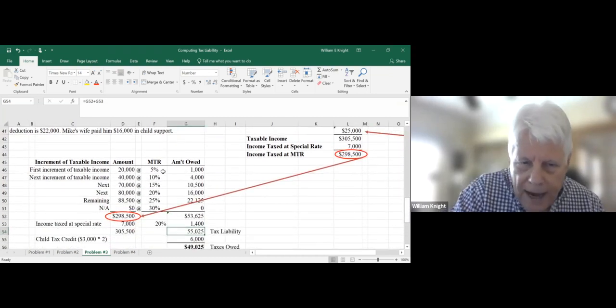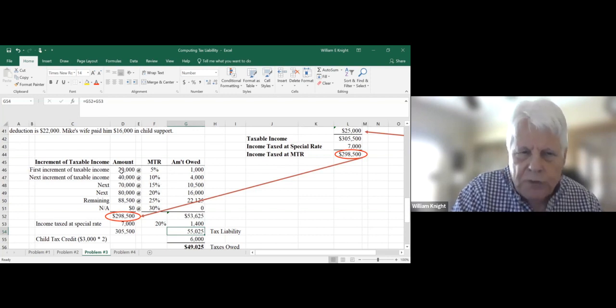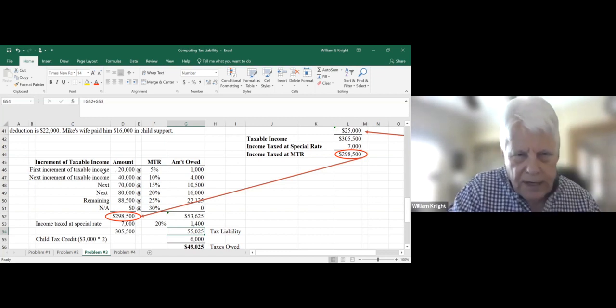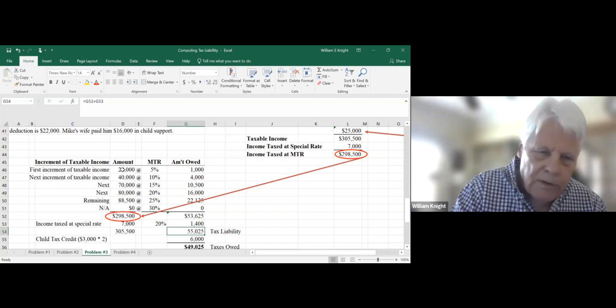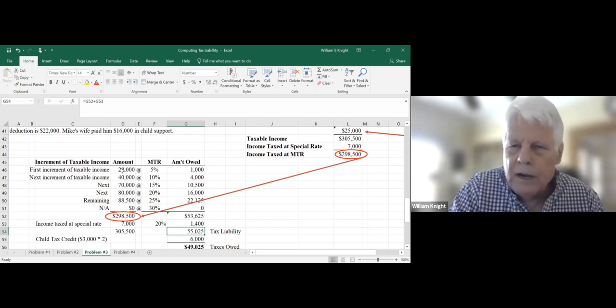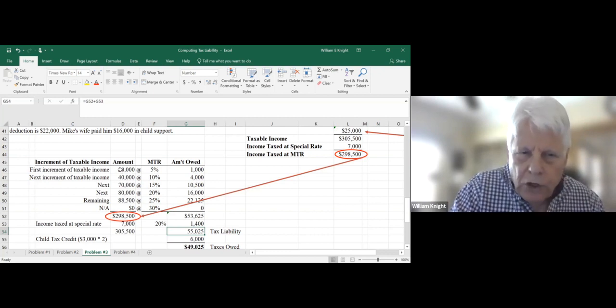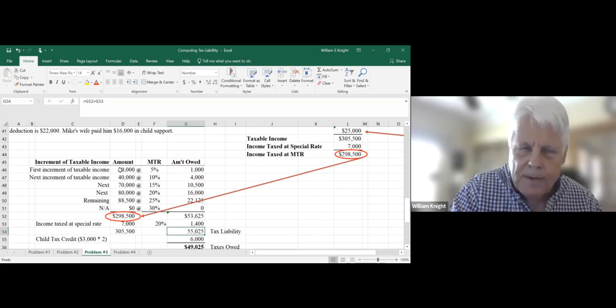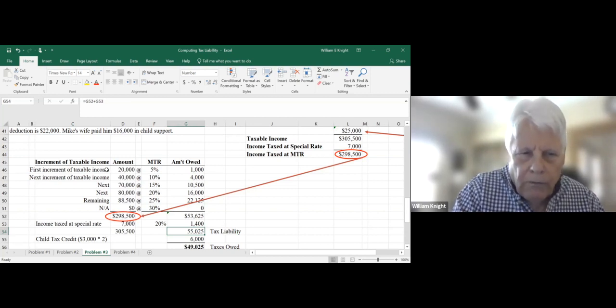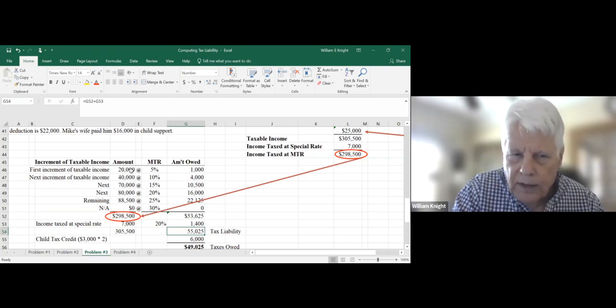Now, these marginal tax rates are going to be the same from income bracket to income bracket, but look how the span of the bracket has changed. In the first 2 problems where the individual was filing as single, the first increment of income was $15,000, but now that this guy is filing as head of household, the first income bracket is going to be $20,000, from 0 to 20,000.